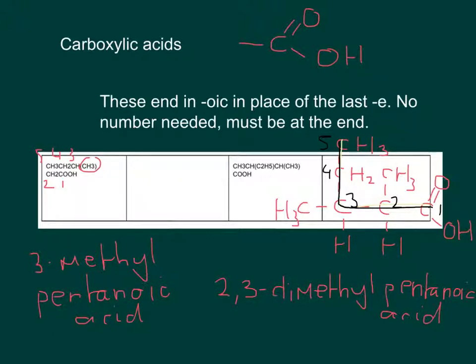Because your carboxylic acid must be on carbon number 1, and then you've got your 2 methyl groups coming off there and there on carbons number 2 and 3.